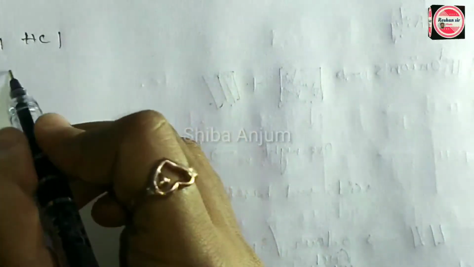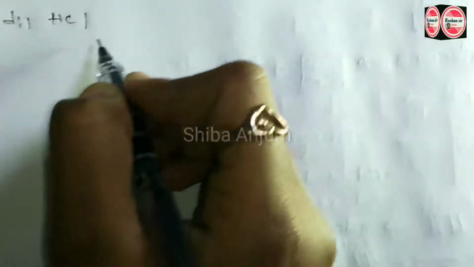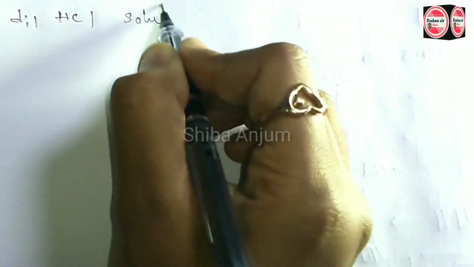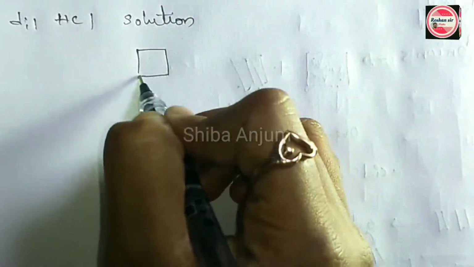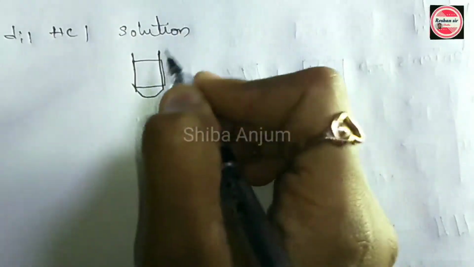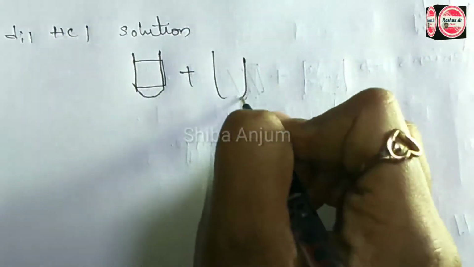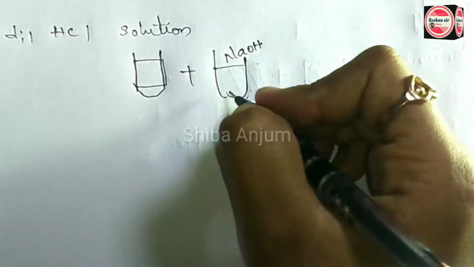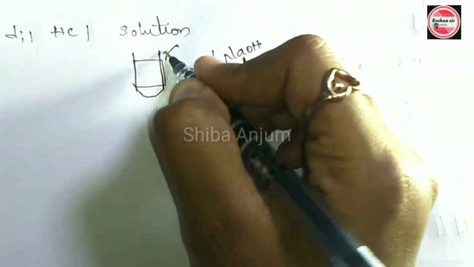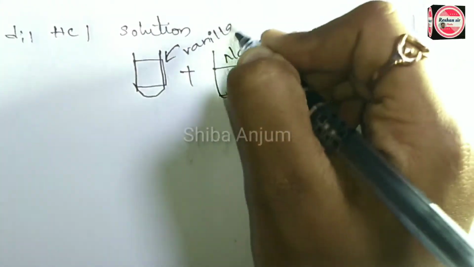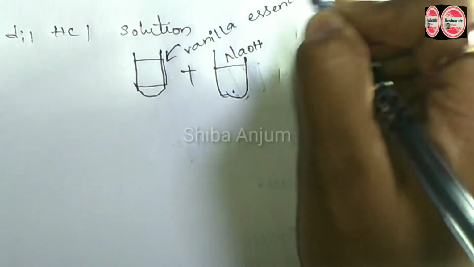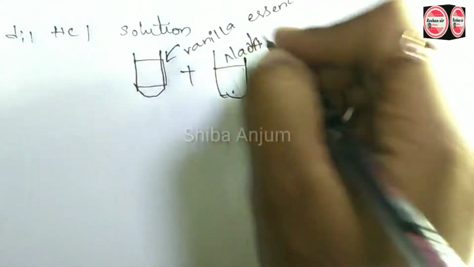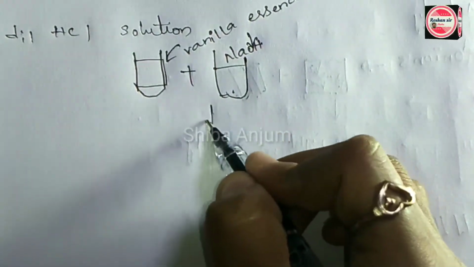Now take some dilute HCl solution in one test tube and dilute NaOH in another test tube. Now add a few drops of vanilla essence to both the test tubes and shake well.